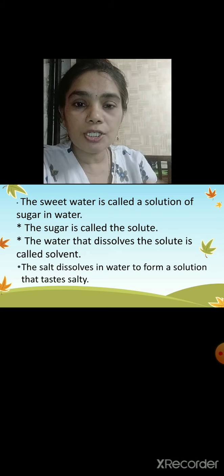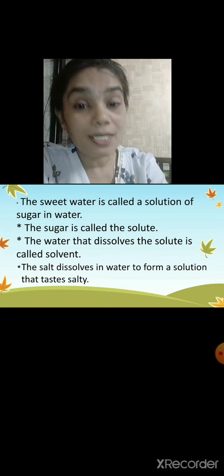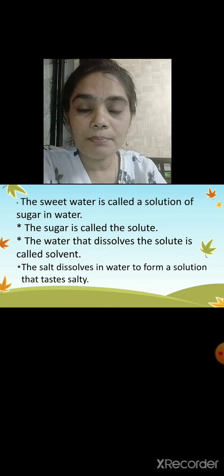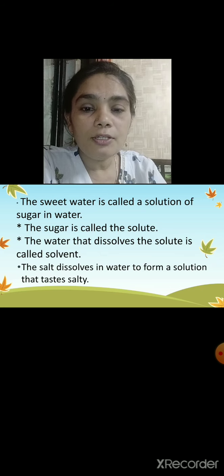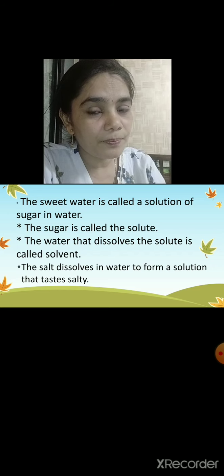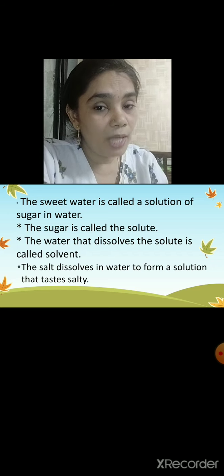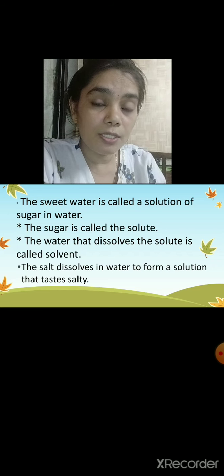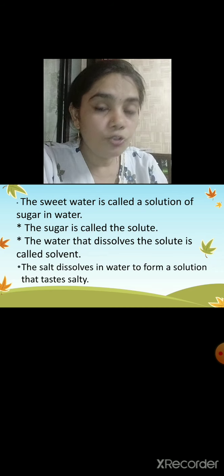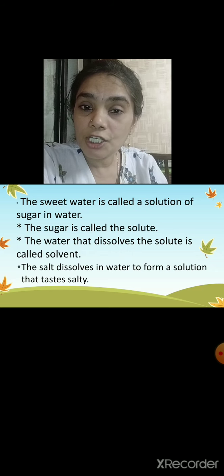We are going to stir till the salt disappears. Does the salt dissolve in water or not? When we do the activity, you can see whether the salt dissolves or not. But you must have seen your mom adding salt in the food while she's preparing.